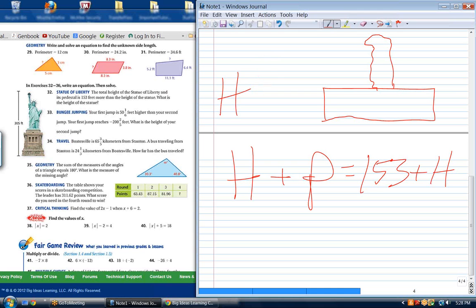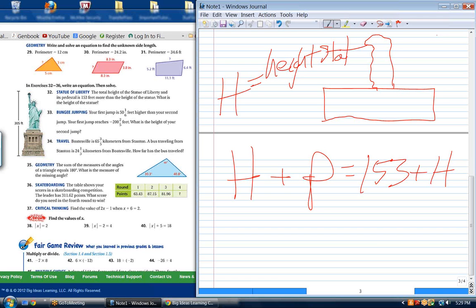So if h is the height of the statue, the height is 153 feet more than the height of the statue. And we know that in total it's 305 feet. Oh, I wasn't looking at that.